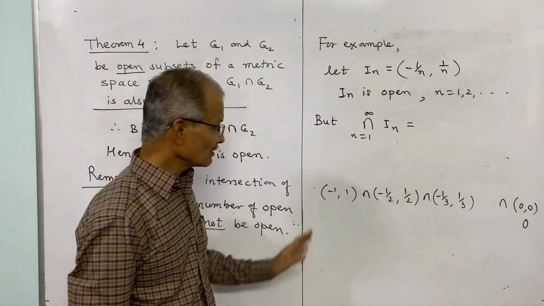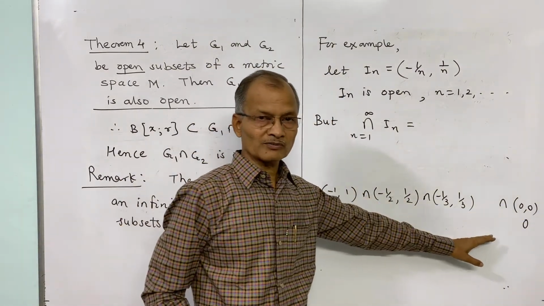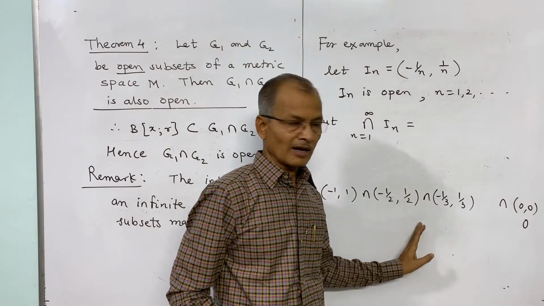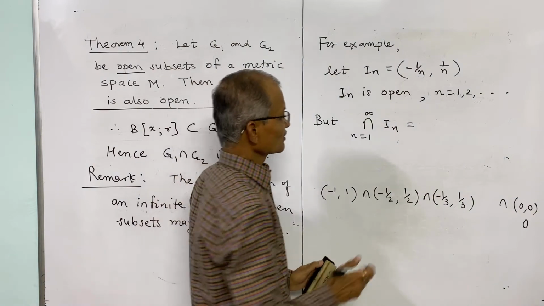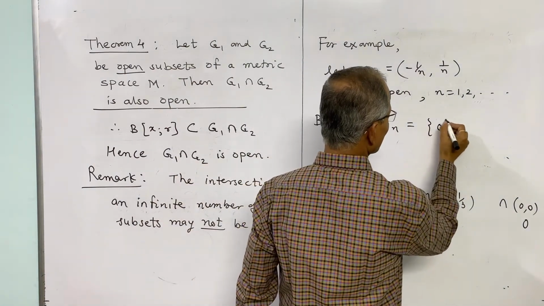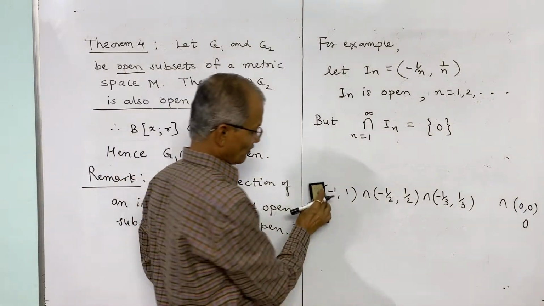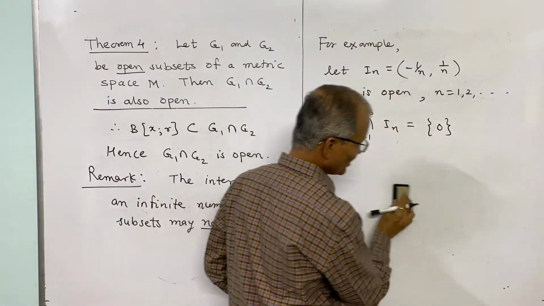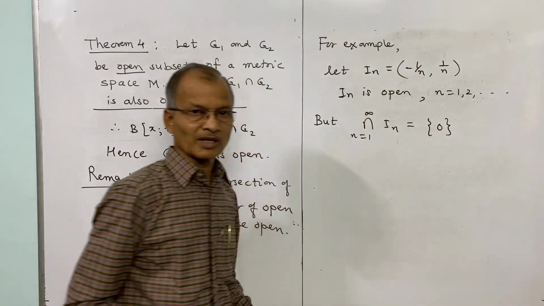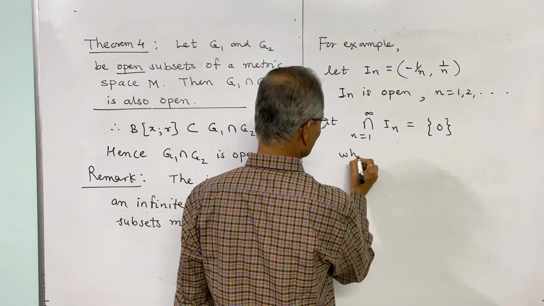And thus the intersection contains those points which are in every set, and therefore this intersection contains only 0. So this is {0}, and this is not open. A singleton set, a one-point set in R1, is not open, as we have seen earlier.